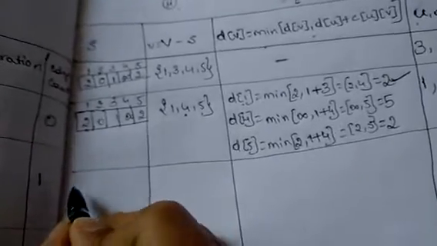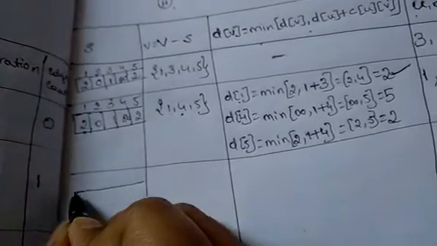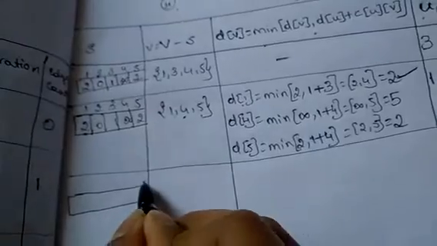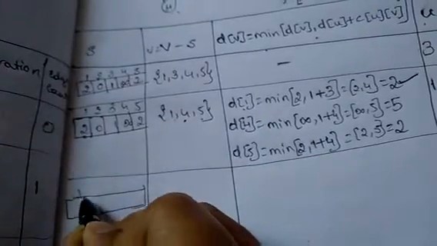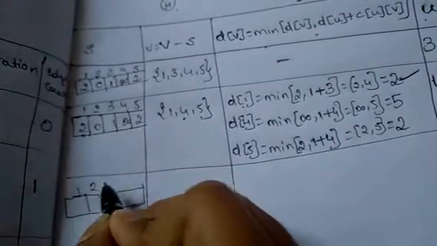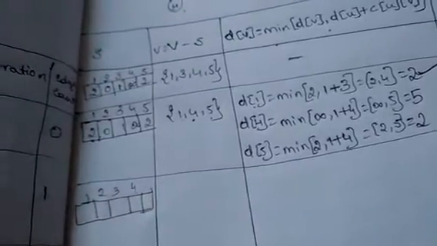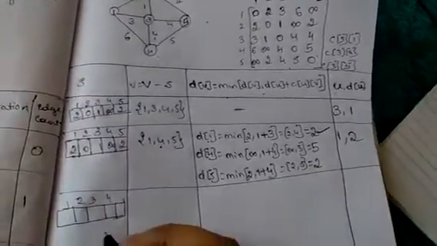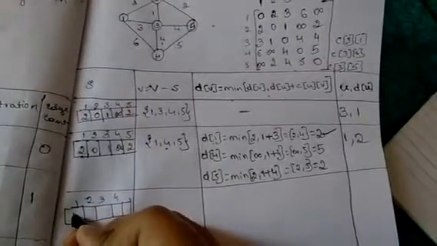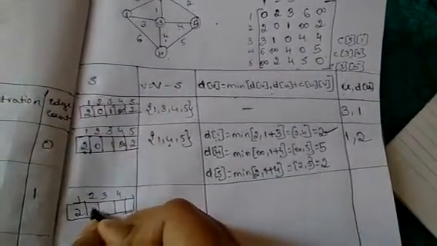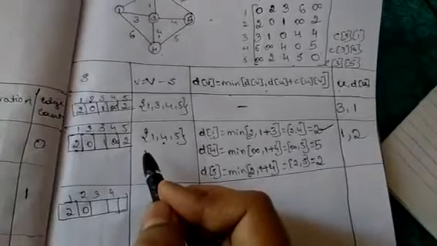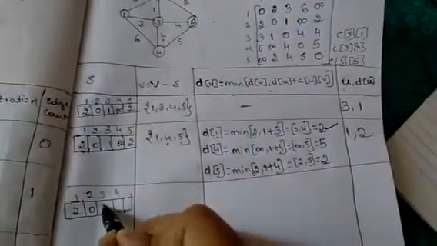Now in the next step, while writing this one, you have to update the values. 1, 2, 3, 4. Yes, see here. 1, it is already done. 2, 2 to 2, it is 0. 2 to 3, it is 1.